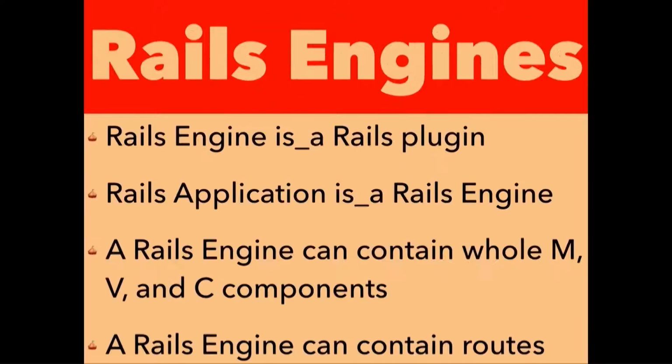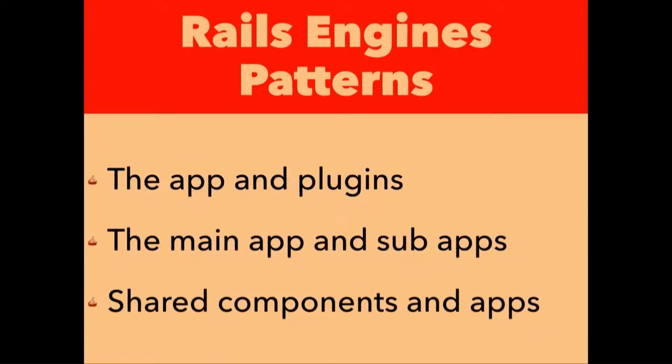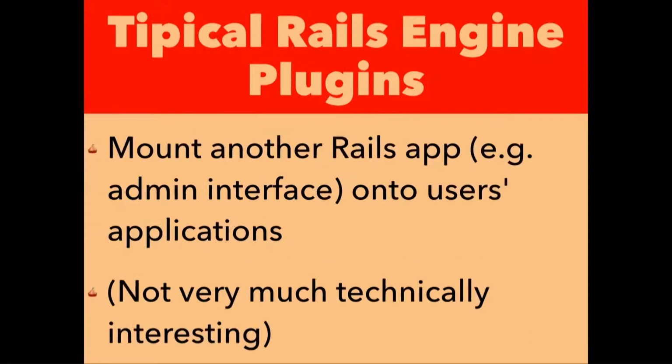Yeah. And the next topic is about Rails engines. A Rails engine is a Rails plugin. It contains whole models, views, and controllers. The typical usage of Rails engines is probably to mount the engine to your Rails application.